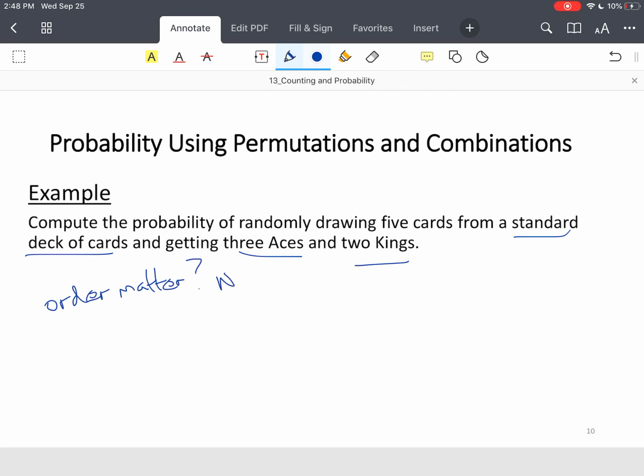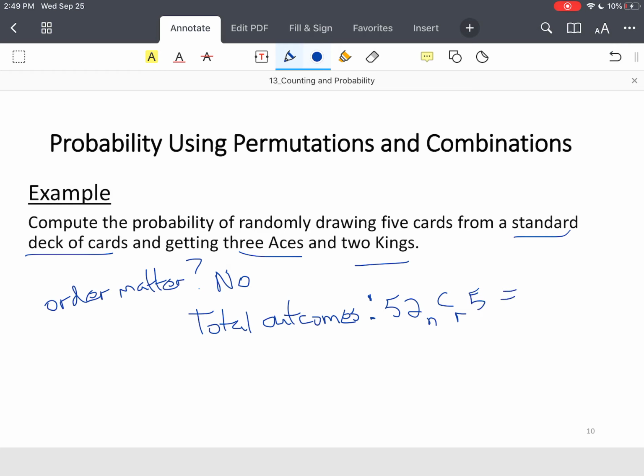The answer is no, because as long as you have those 5 cards, the order in which you have them doesn't matter. So we need to find our total outcomes. Again, this is theoretical probability. In a standard deck you have 52 cards, and we're choosing 5.